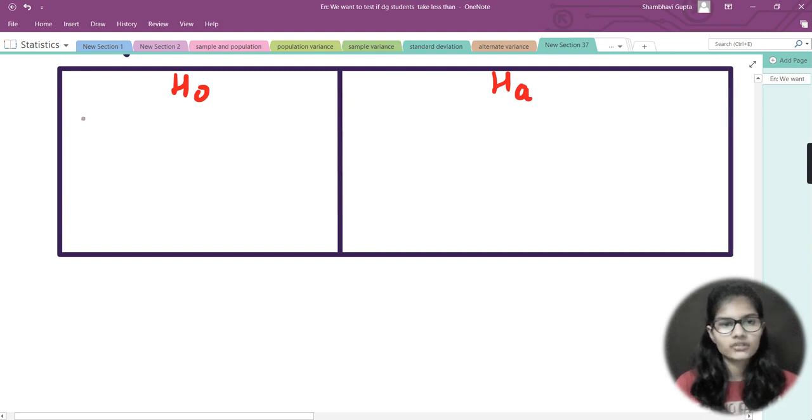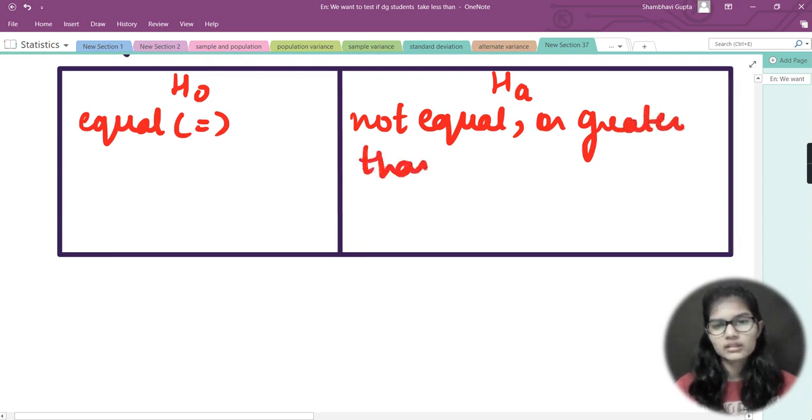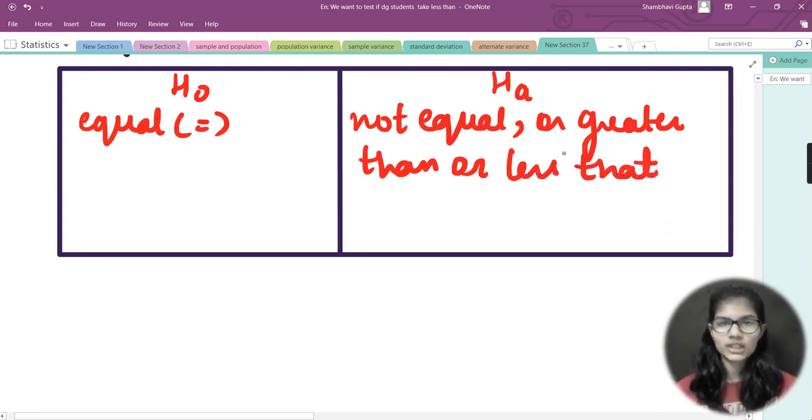My first condition is that the first sign is the equal sign. If H naught is equal, then HA would be not equal, or greater than, or less than. My second condition is greater than or equal to.